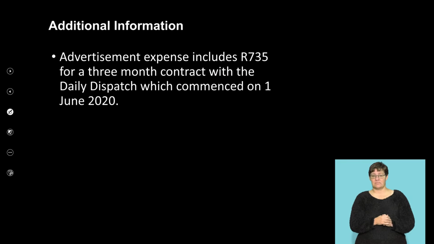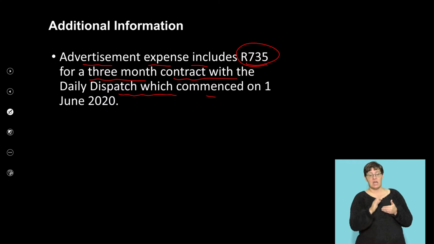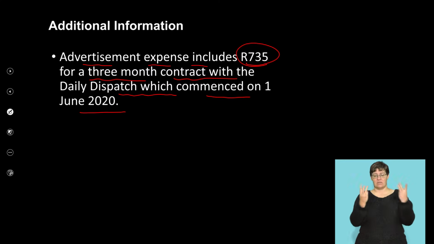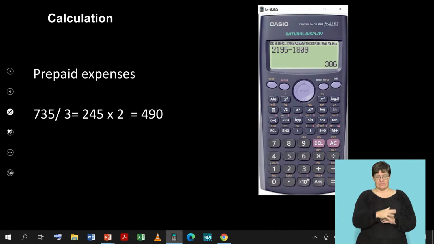Okay, it says here, advertisement expenses include 735 for a 3-month contract with a daily dispatch, which commenced on the 1st of June 2020. Right, our calculation is simple. Take your 735 divided by 3, right?